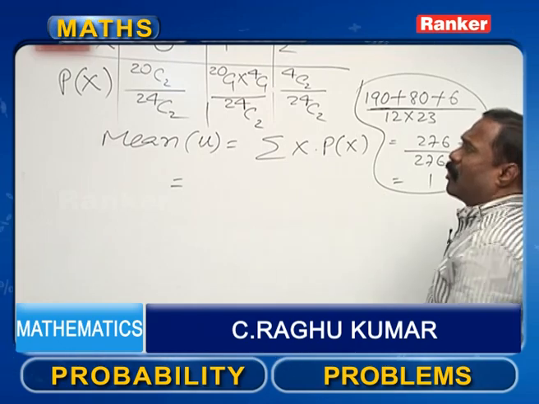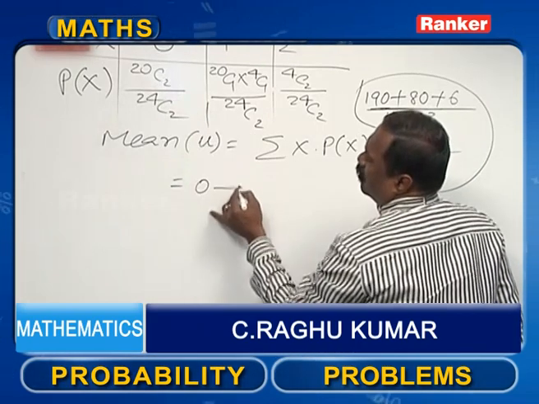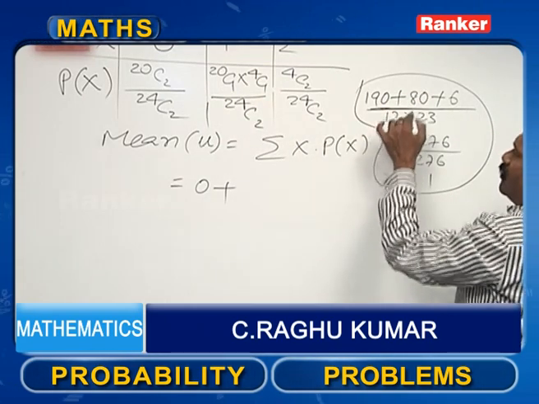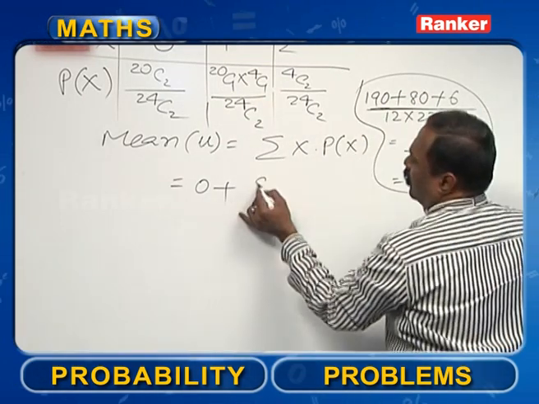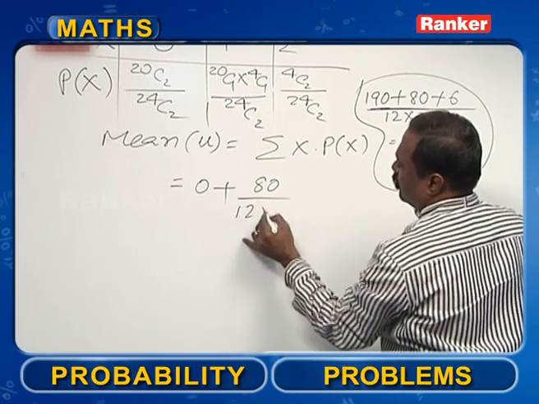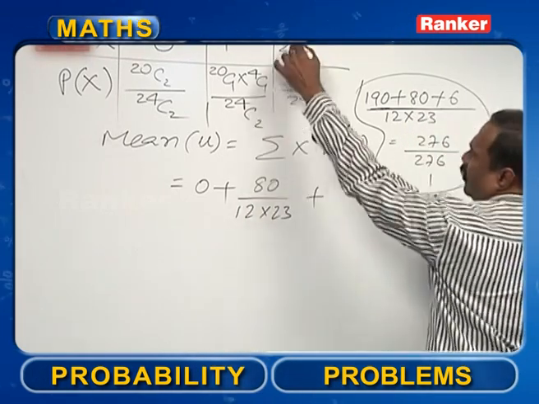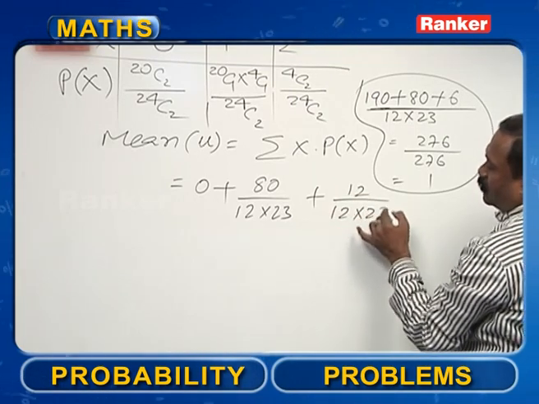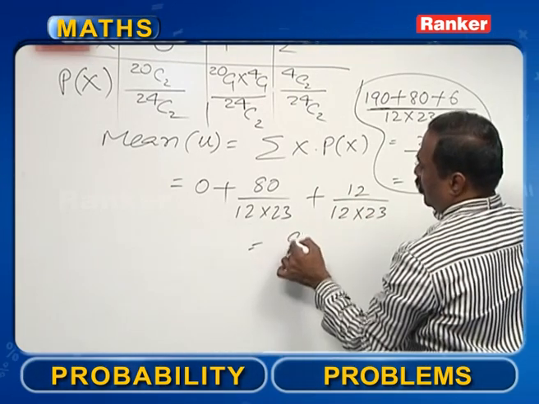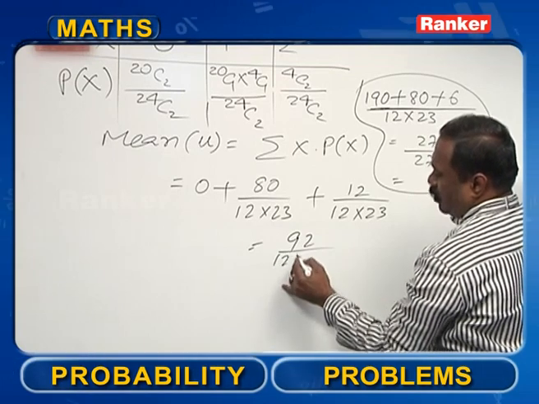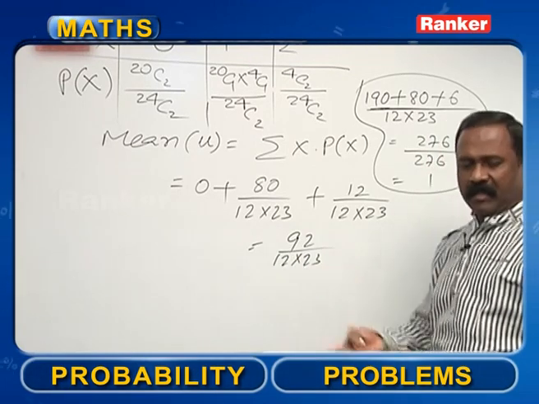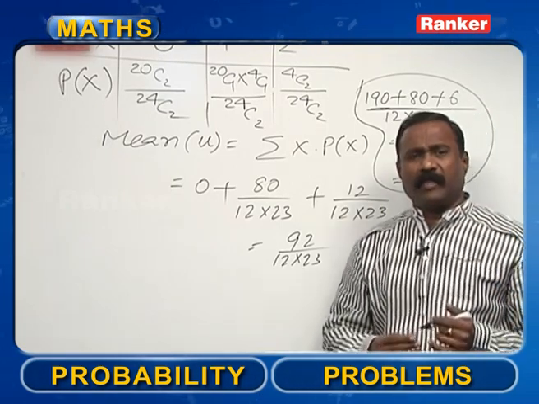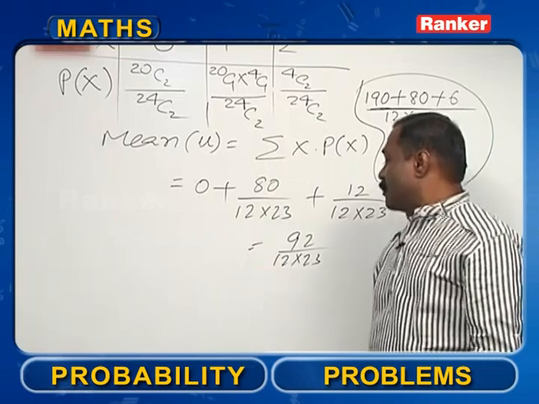Now the mean is simply got by 0 into this, which becomes 0, and 1 into this, which is what we just calculated, 80 upon 12 into 23, plus 2 into 6, which is 12 upon 12 into 23. 80 plus 12 is 92 upon 12 into 23. Preparing the table is important here.